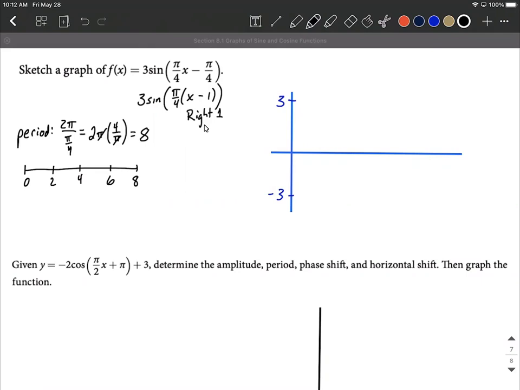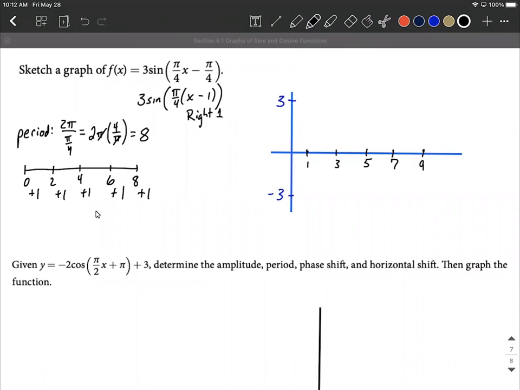We want to move all of these labels basically to the right 1 unit. So I'm going to add 1 to each one of these labels the whole way across, and those will give me my labels for the x-axis. So when we have 0 plus 1, we're going to start at 1. Then we have 3 as our next key value, 5, 7, and 9. Just kind of labeling the x-axis using these exact same labels that we would compute after the phase shift.